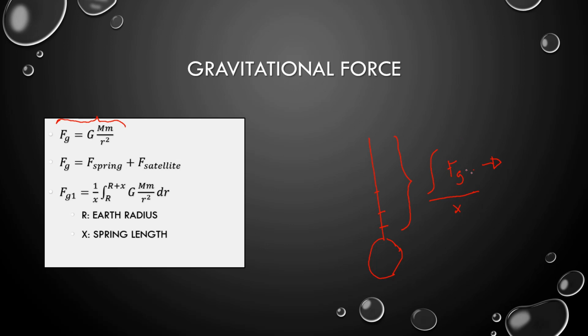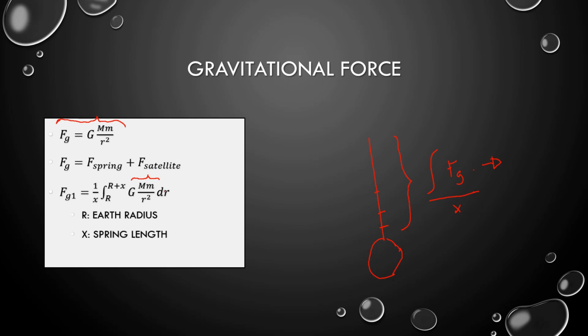So we follow this formula, and this is the result. The integral between r, that is the Earth radius, and r plus x, that is the Earth radius plus the length of the cable, of the universal gravitational force.